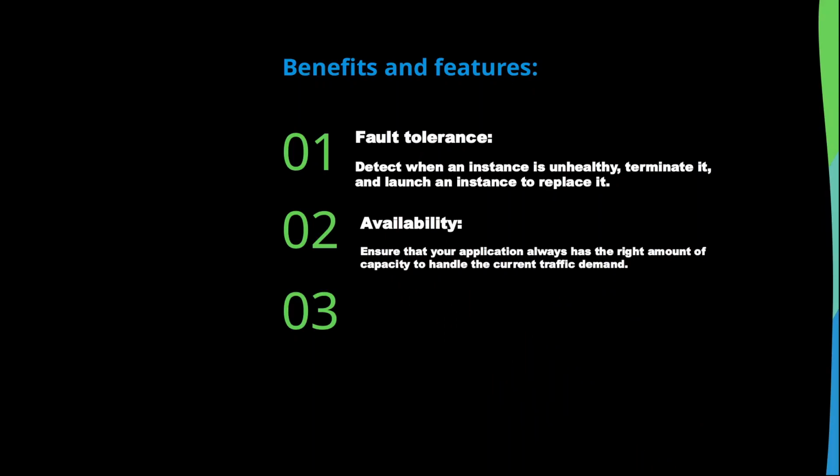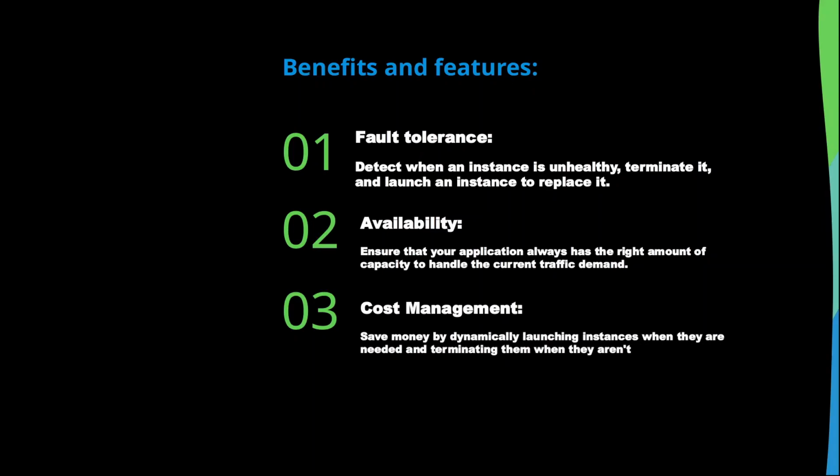The next one, it ensures that your application always has the right amount of capacity to handle the current traffic demand. Auto scaling also helps you save money by terminating instances that are not needed. So let's head on to the AWS console for a hands-on demo.